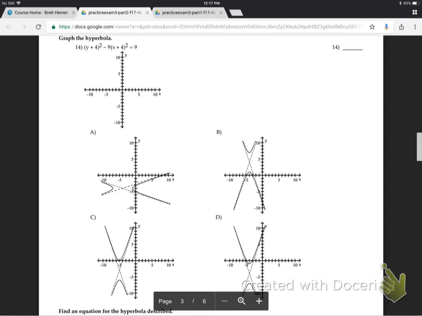Okay, so 14. y plus 4 squared minus 9, x plus 4 squared is 9. So what do we do to take this hyperbola and put it in the right form? We've got to get a 1 on the right side, don't we? So divide by 9.